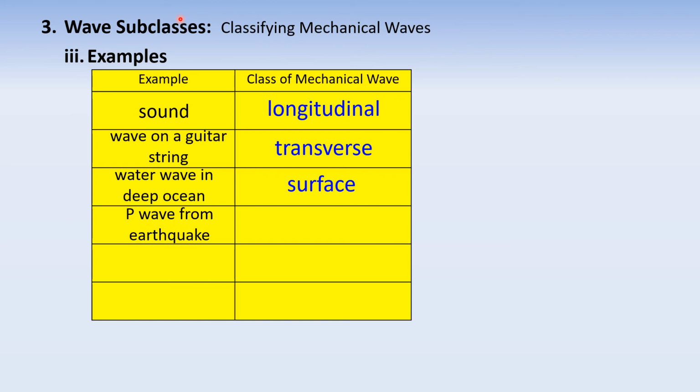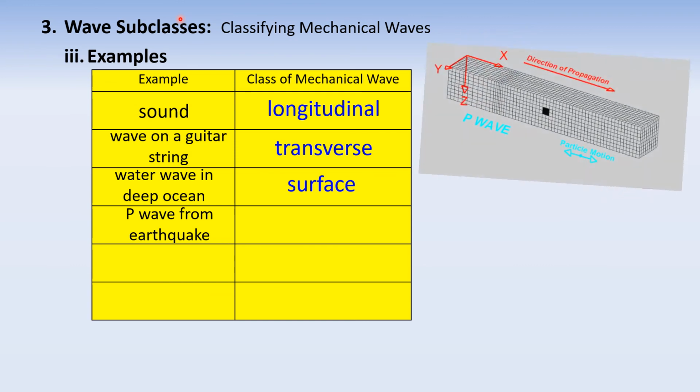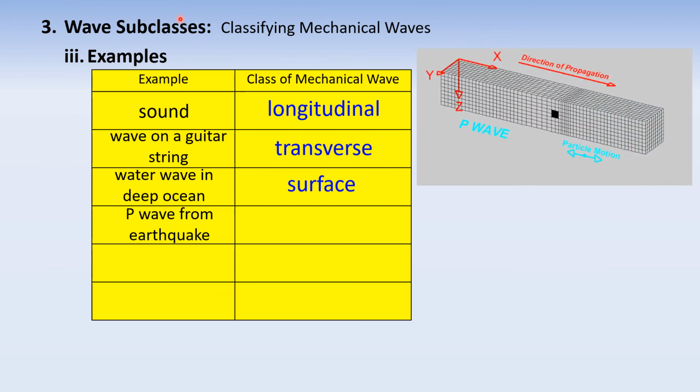When it comes to earthquakes, there are really two types of waves. There's P waves and S waves. The P wave stands for primary waves. These are the waves that would reach your seismic station first. And if you look at the simulation here, you see that for a P wave, the direction that the energy travels is in the X direction.